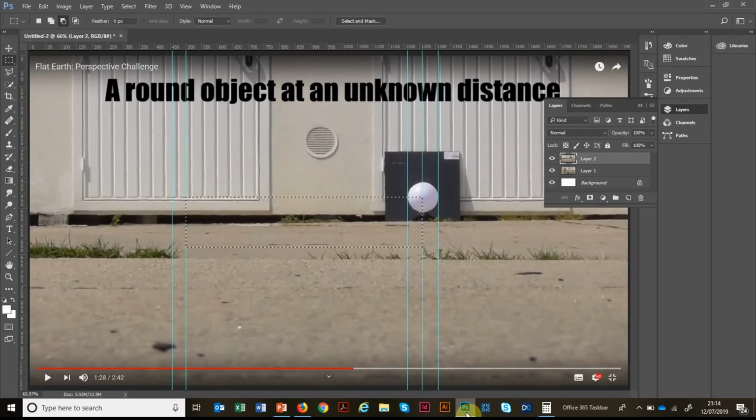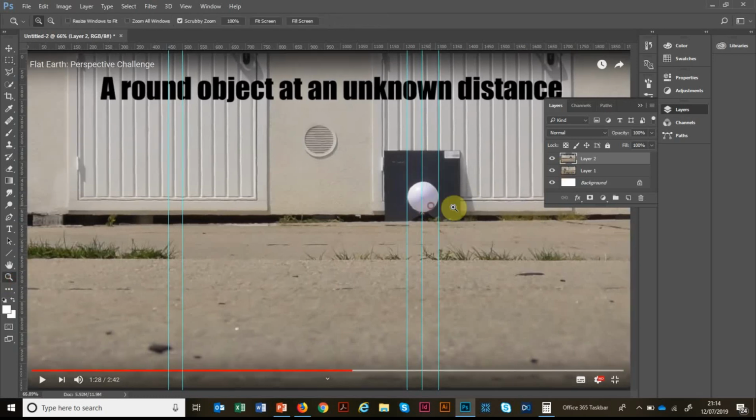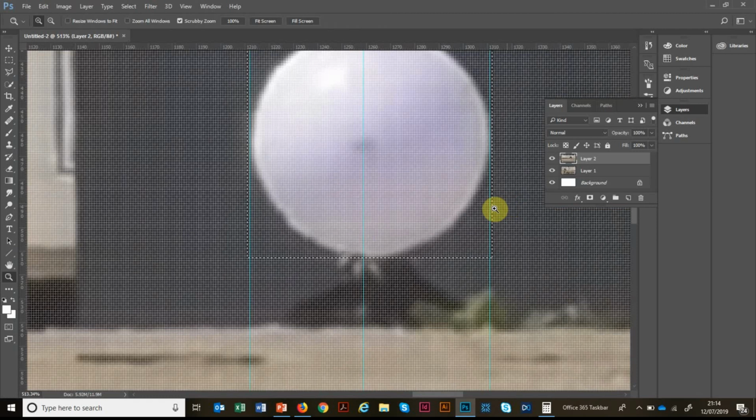So back to Photoshop. So if I work out the angular width, I've got two lines drawn here, one on either side of the ball, the diameter. So drawing this box again, it's not on the guidelines.